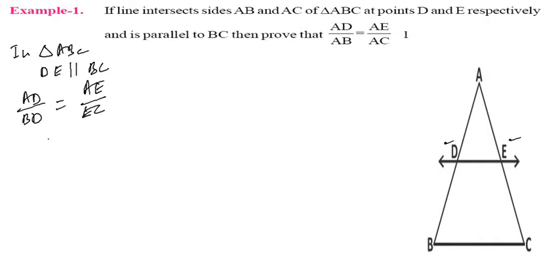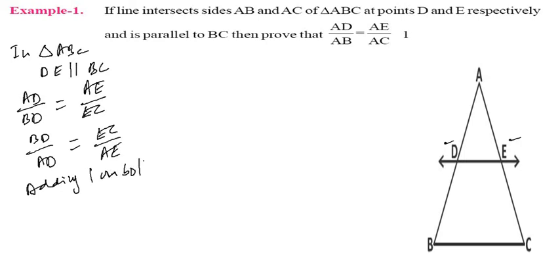Now reversing this one, we have to write BD upon AD is equal to EC upon AE. So you can write here, adding 1 on both sides: BD upon AD plus 1 is equal to EC upon AE plus 1.